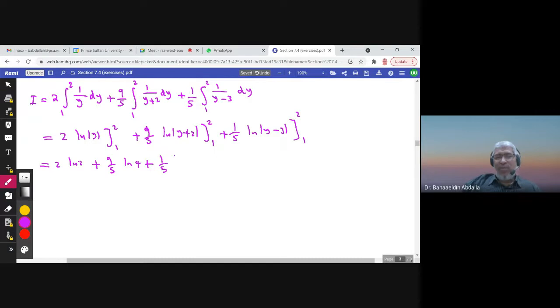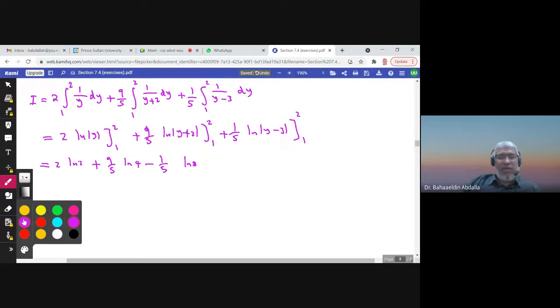Minus ln |1 minus 3|. Absolute value of negative 2 is 2. So ln 2. So this minus, I can take it outside and I remove the minus and the parenthesis. So this would be the answer.